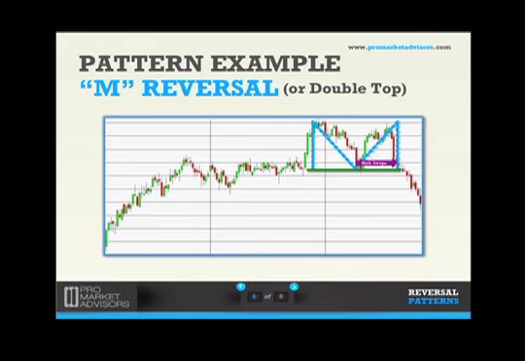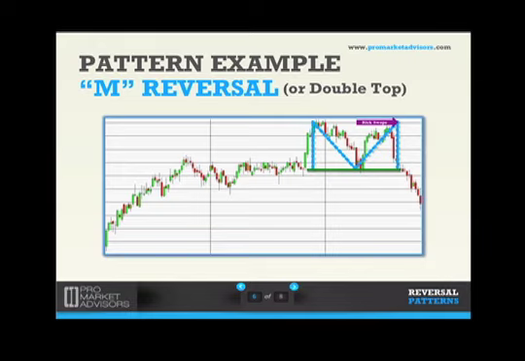In other words, if from this part of the M to the middle is 2 weeks, you kind of lose the validity of this pattern if from the middle to the next part of the M it's 2 months. Now, again, you have a lot of flexibility there, but the more symmetry that you have, the better. So, again, we see a secondary peak that is approximately the same level as the first peak.